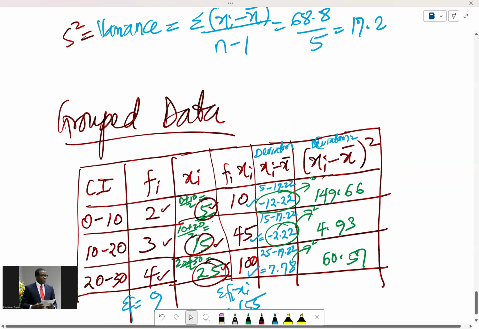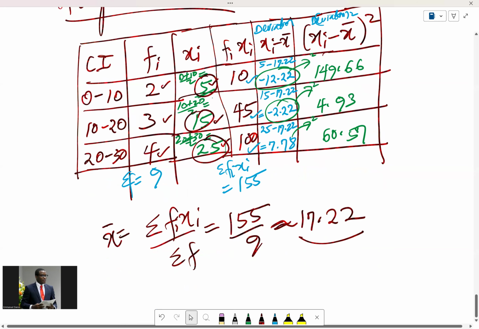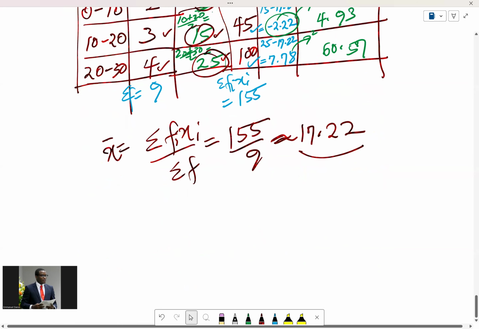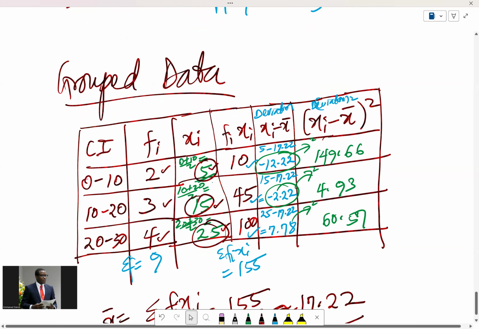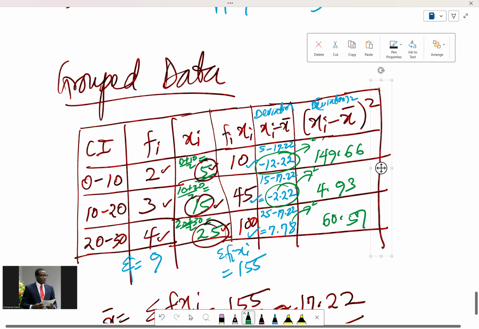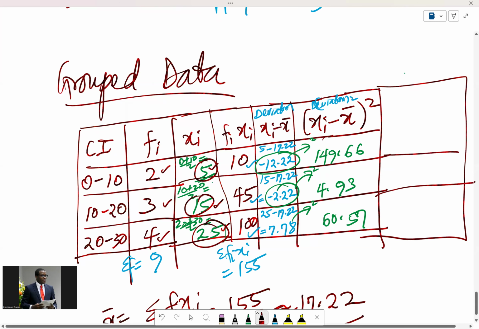In fact, in this case, I should have written out a separate kind of formula. I think I'm still going to have to do that. So we need to multiply by frequencies. That's fi multiplied by xi minus x bar all squared.